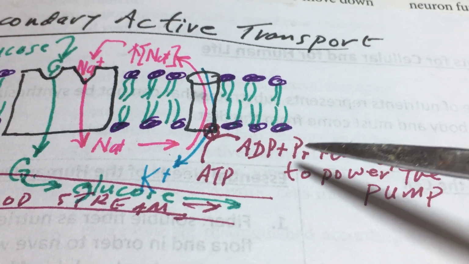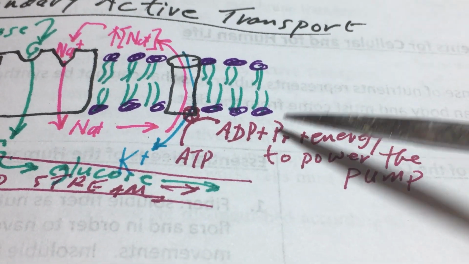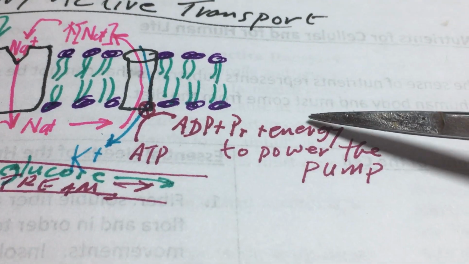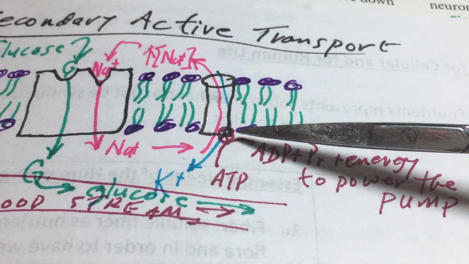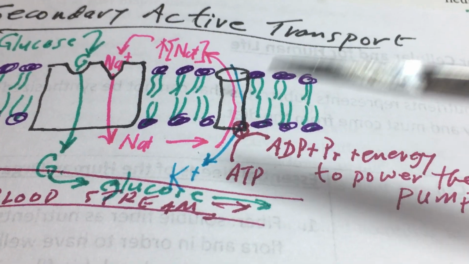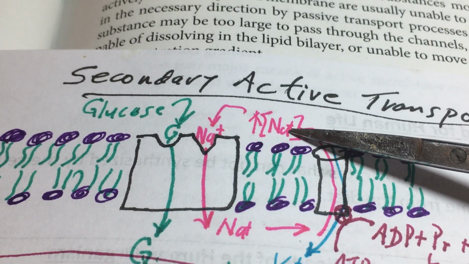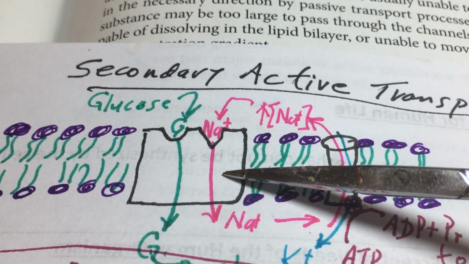We break it down from the triphosphate to the diphosphate, we break off a phosphate. We have energy, and we use the energy to pump. So we're pumping the sodium out, the potassium in. The sodium then is in high concentration on the outside, and here we have what's called a symport.